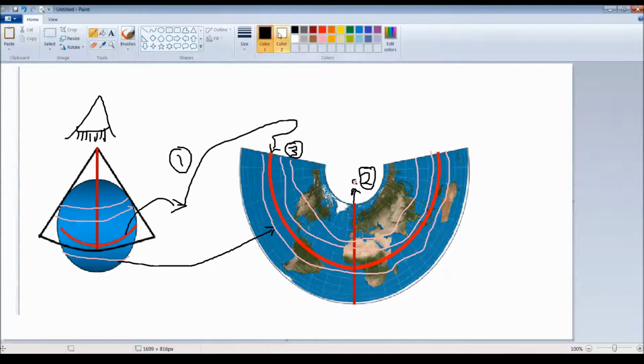How about the other ones? Let's take the other ones. Let's take this one. Let me use straight lines here, better. Let's take this one, for example, or the next one. This one here. Where are these going to be projected? Well, these are going to be projected, again, coming from the same point.